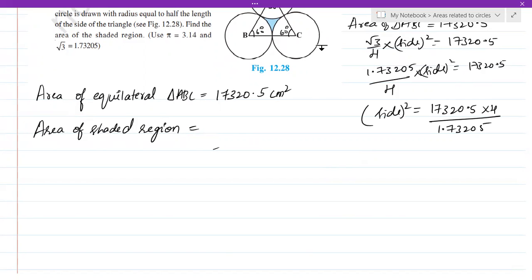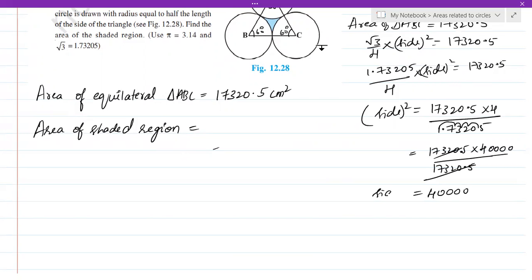Now let me shift the decimal. 1, 2, 3, 4. If I shift the decimal 4 times, it becomes like this. Whatever you have in the numerator, the same thing you will have in the denominator. Since I have shifted 4 times, I have to put 4 zeros in the numerator. So this and this get cancelled, and we are left with 4 followed by 4 zeros.